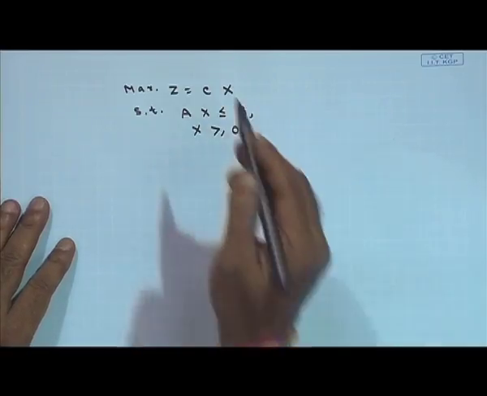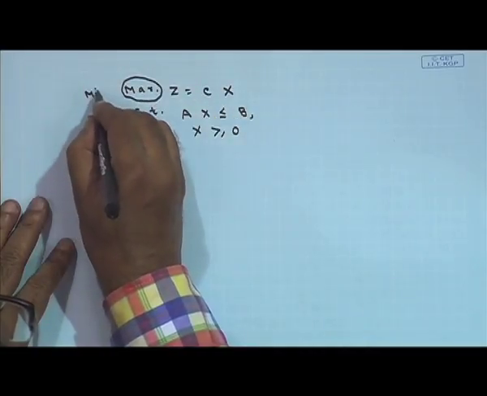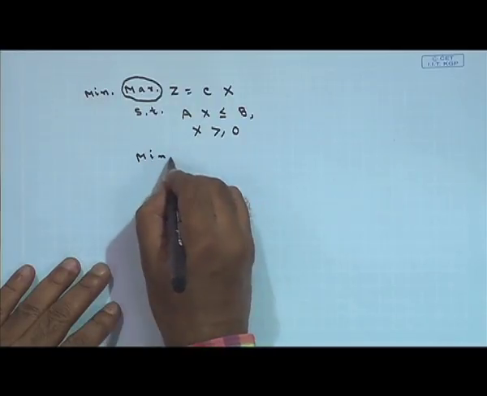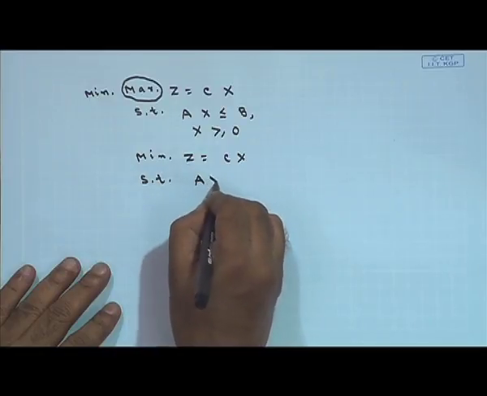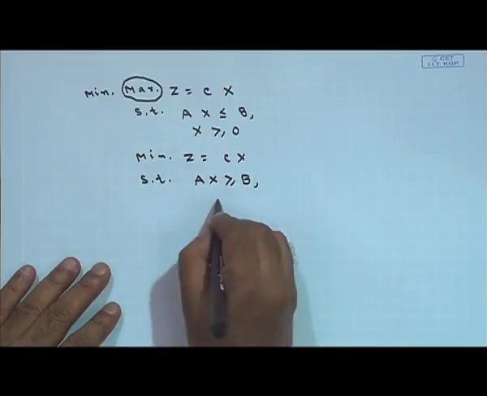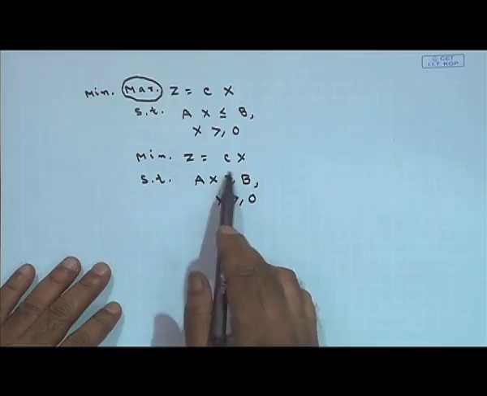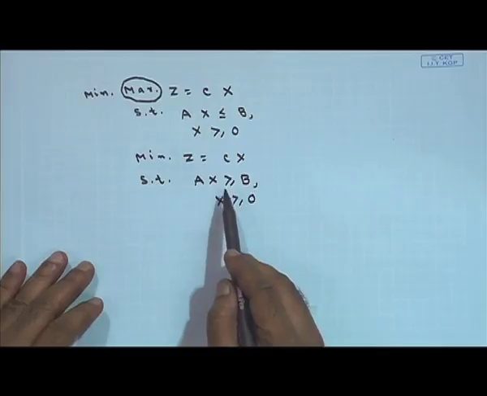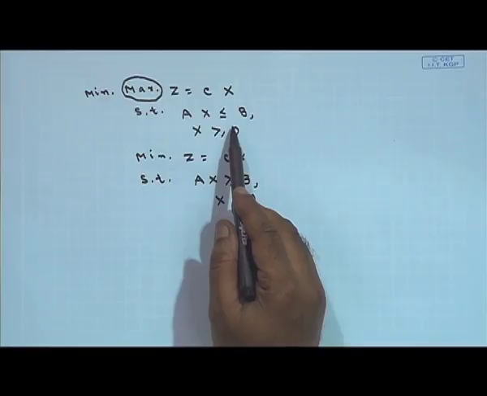And if I have to minimize the problem, then in place of maximize it will be minimize, but in general we write minimize Z equals Cx subject to Ax greater than equals B and x greater than equals 0. So, for minimization the constraint we take is greater than equals, and for maximization it is less than equals.